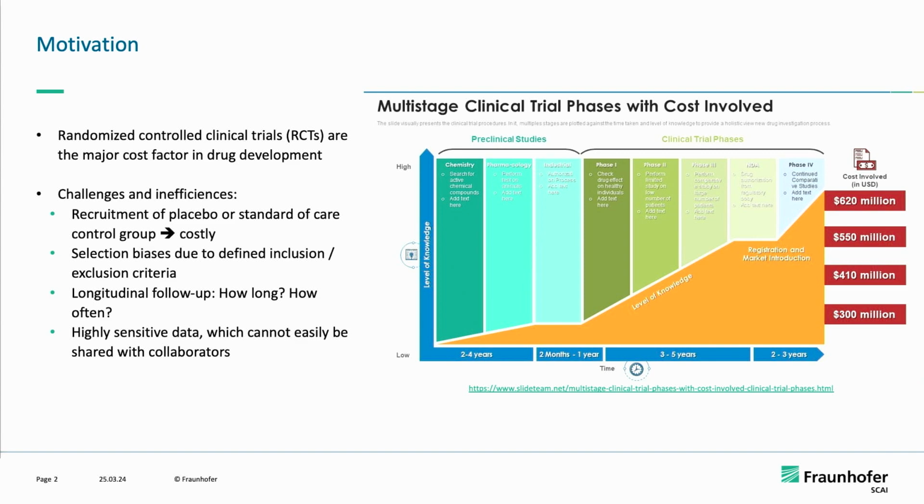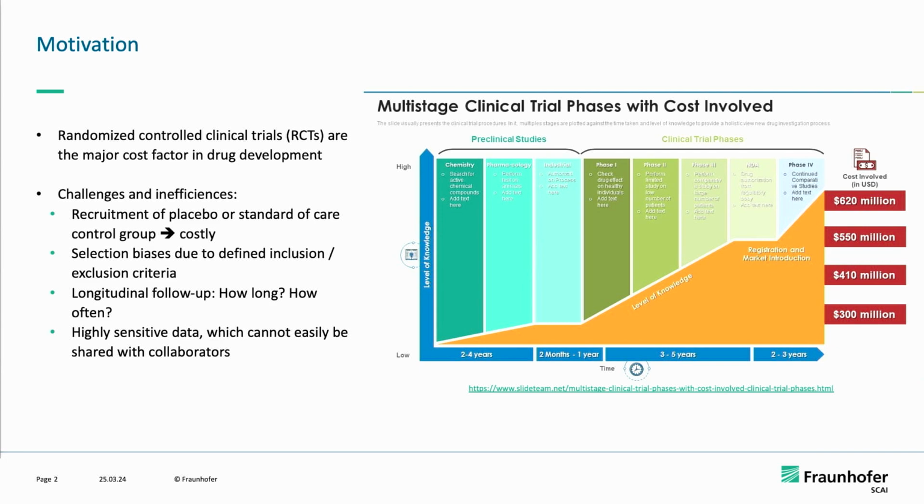For example, if we wanna decide on who gets placebo and acts as our control group, how costly it would be, and also some ethical aspects when it comes to providing inclusion and exclusion criteria for such treatments.